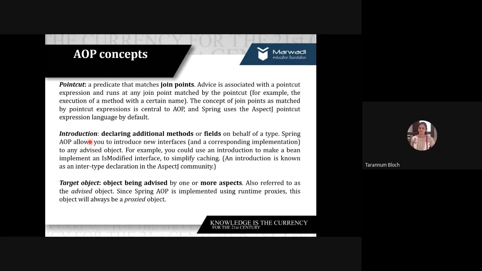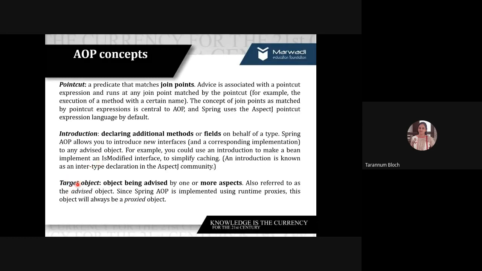Fine. So AOP allows you to introduce new interfaces and their implementation in any advised object. For example, you can use introduction to make a bean implement a modified interface. You can have your own way to simplify the caching, changing the way caching is being done in Spring.